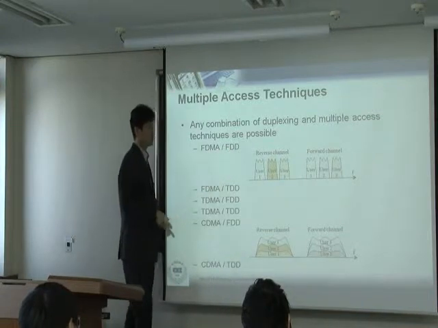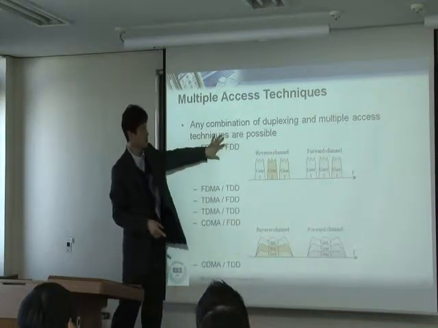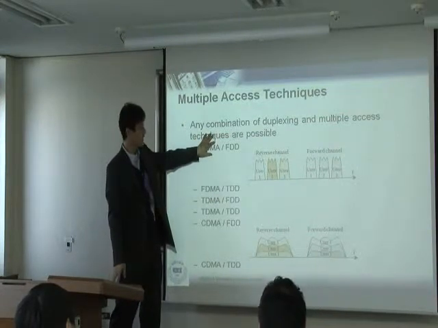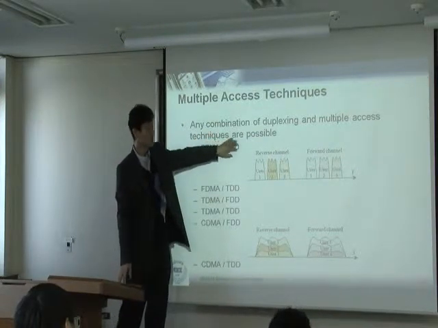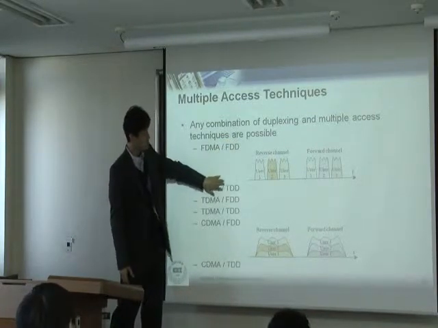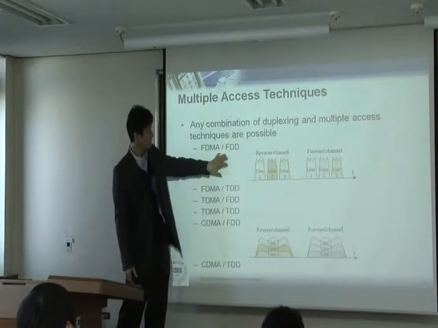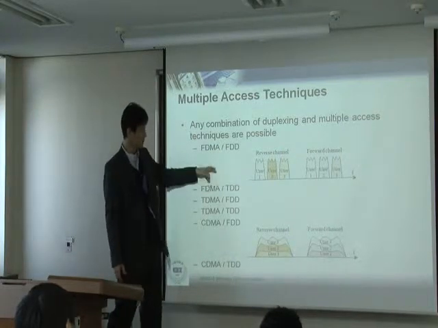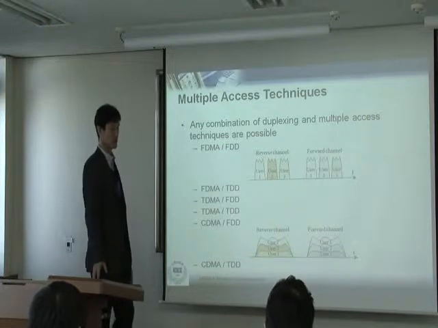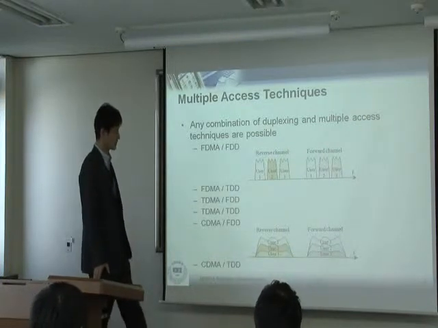And when you put these two together, you can make combinations. You use FDMA for multiple access, but you can use FDD for duplexing. Or with FDMA, you can use TDD for duplexing. Okay? FDMA, FDD; FDMA, TDD; TDMA, FDD; TDMA, TDD. Any combination is possible.